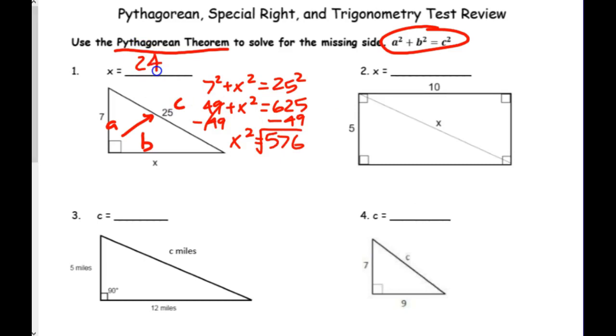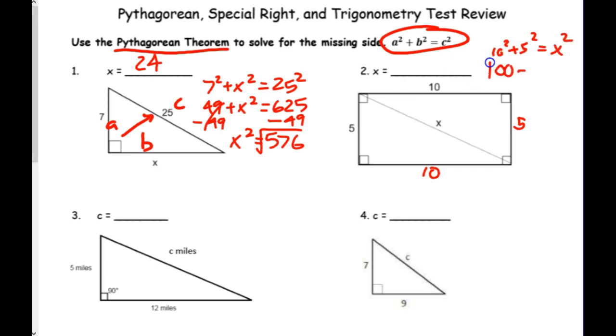All right, number 2. If you have a rectangle or even a square, the opposite sides are the same. So if we just think about this right triangle, we have, again, a squared plus b squared equals c squared. Okay, so 10 squared plus 5 squared equals x squared.